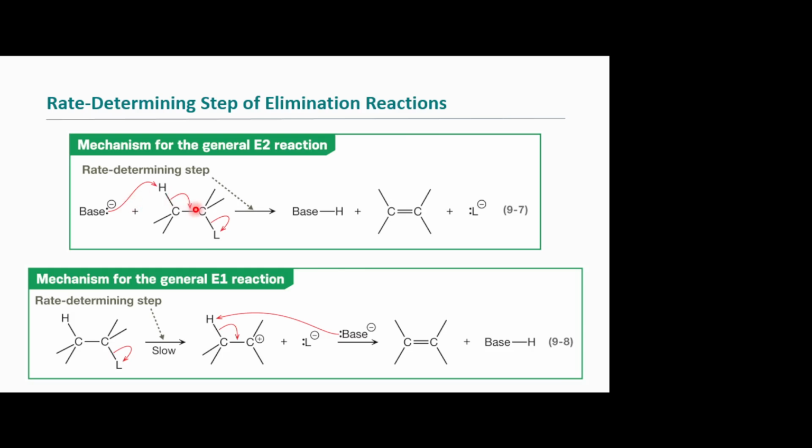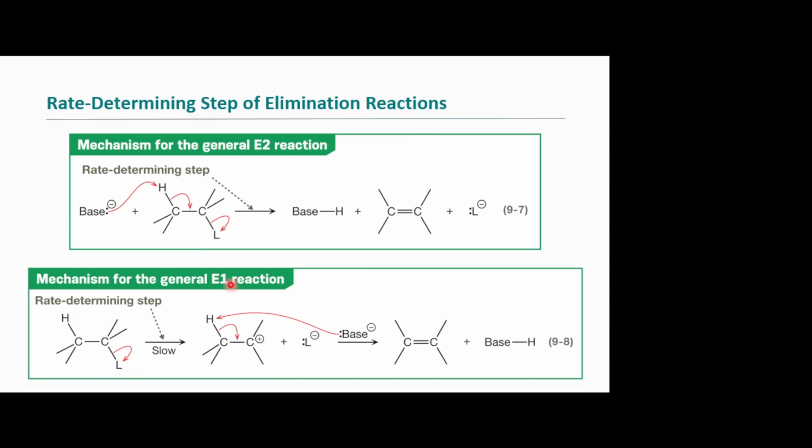So if you have a better base, you can make up for some of that substrate leaving group not being as good. Okay? So this one right here, this is the E1 reaction. Again, our slow step is the first step, isn't it? And that's the leaving group leaves. And that's the only one that's in the rate law. It's the concentration of our substrate with the leaving group.